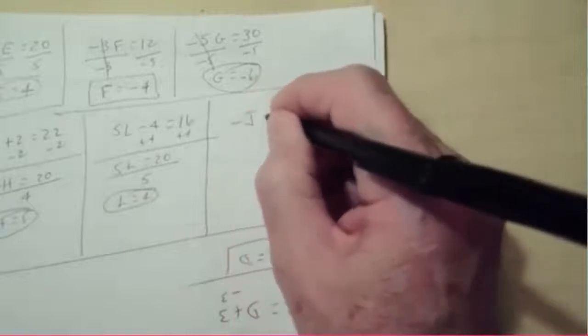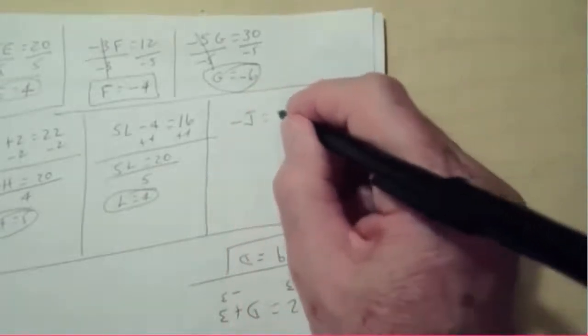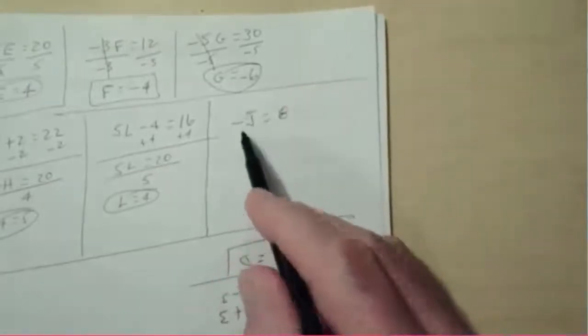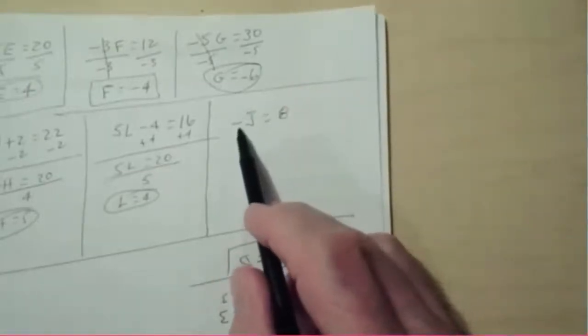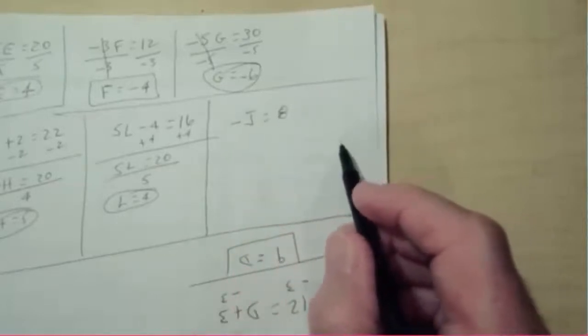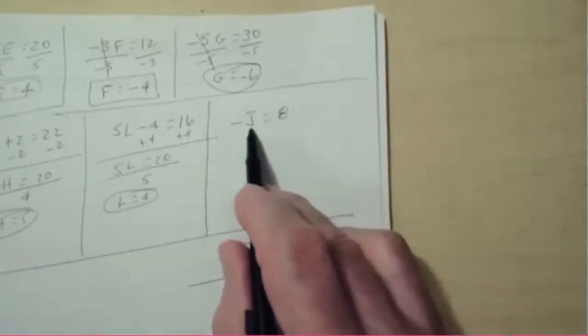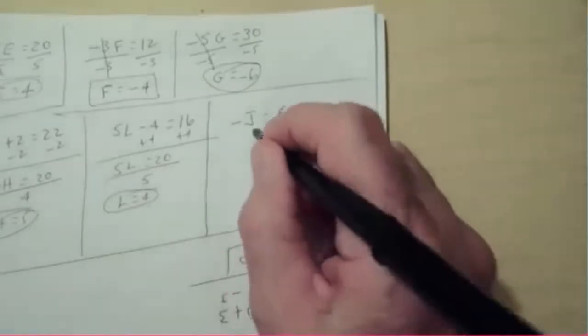Negative j equals 8. Now, how are we going to get rid of this negative? We're going to divide or multiply, doesn't make any difference, by negative 1, because again, we want just j over here by itself.